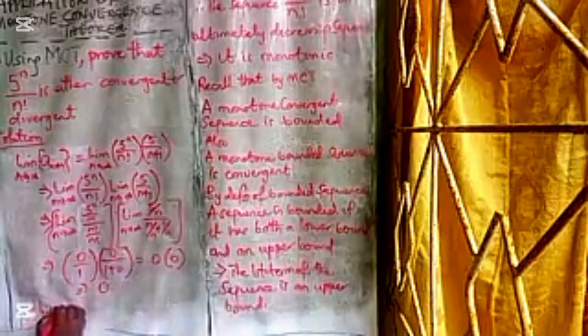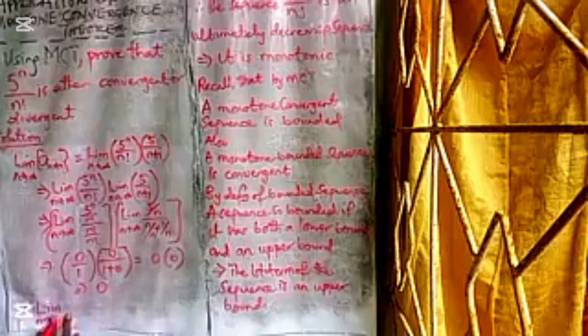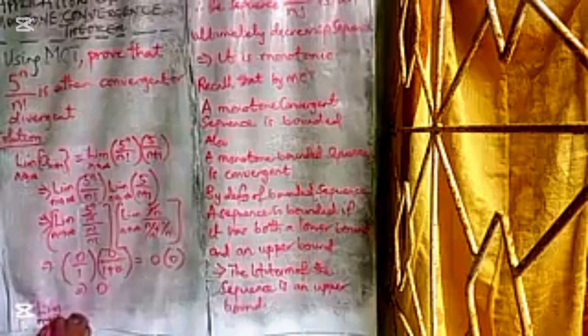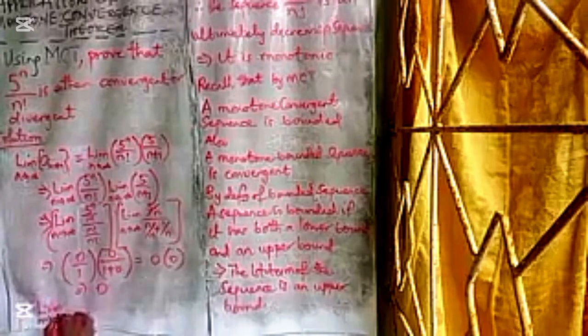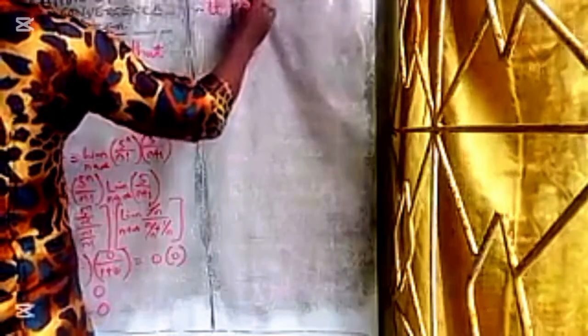Therefore, the limit as n tends to infinity is equal to 0. Therefore, it has a lower bound, and as such, a sub n is bounded.